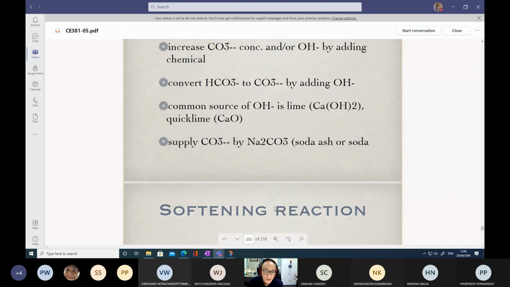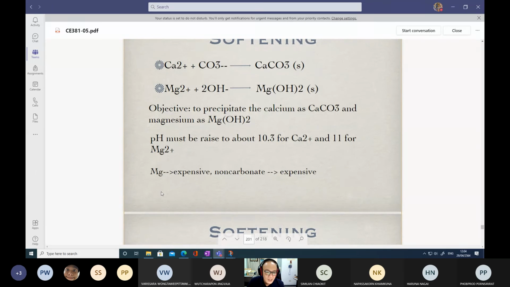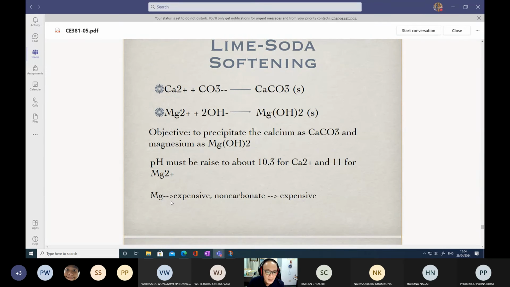That is why in the previous slides, we came to the conclusion that we remove the magnesium later, because the removal of the magnesium is more expensive than the removal of the calcium. Why?